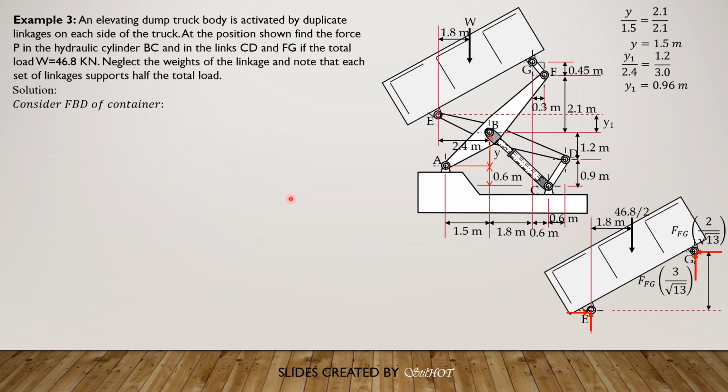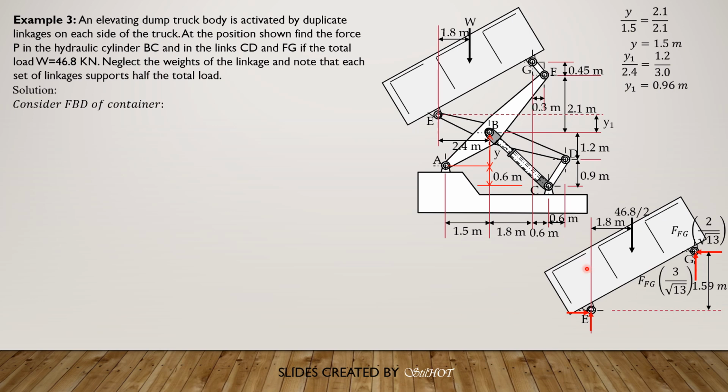So the vertical distance between G and E is 2.1 minus 0.96 plus 0.45. 2.1 minus 0.96 is 1.14, plus 0.45, 1.59 meters.